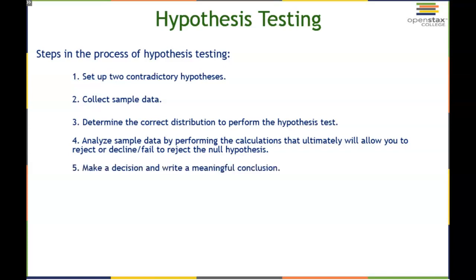And then we make a decision about our test along with our claim, and we write a meaningful conclusion. So the primary steps in hypothesis testing are to set up your contradictory hypotheses, collect your data, determine what type of distribution it is so you know what the right test is to perform, run the test, reject or fail to reject the null hypothesis, and make a decision regarding your test and your claim. That's what hypothesis testing is.